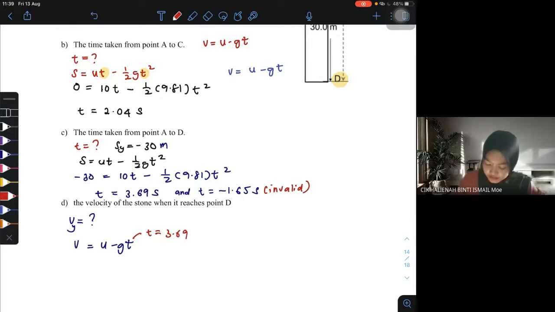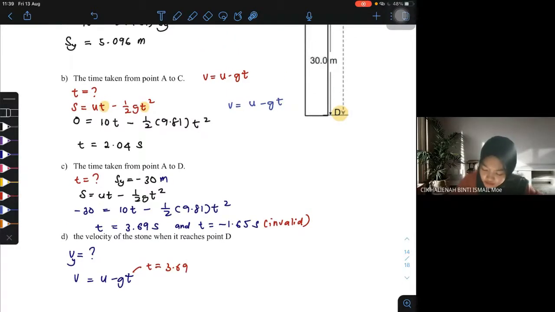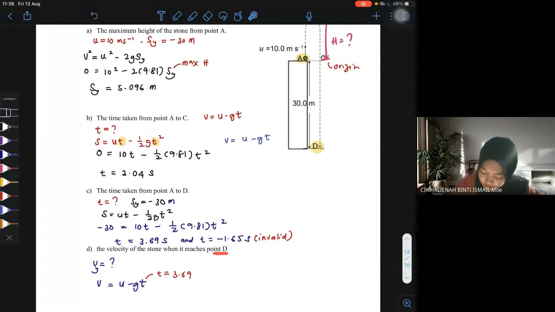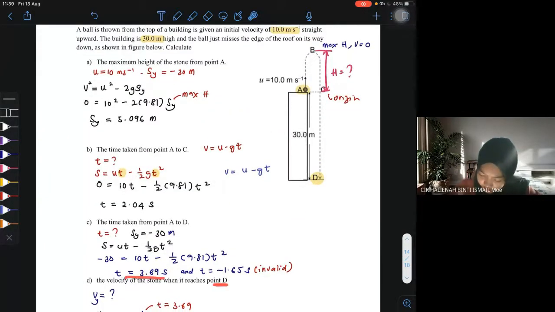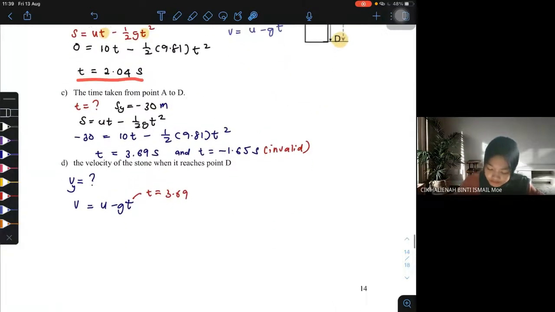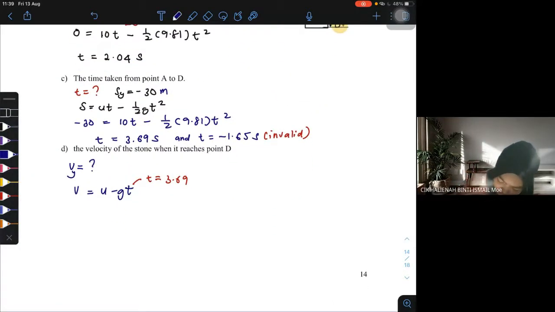Okay, remember 3.69 because dia minta point D. So T yang kita kira yang dekat sini adalah from here to point D. But for this one, T dia adalah dari A ke C sahaja. So you need to be careful with that. So just masukkan V adalah sama dengan U is 10 minus 9.81 times 3.69.